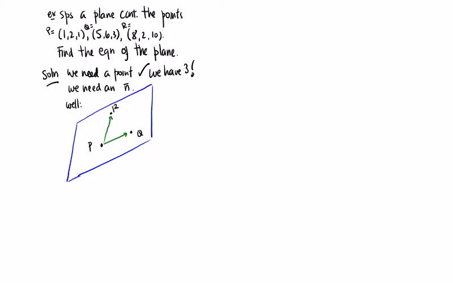So we take these 2 vectors that we just constructed, PQ down there, PR right there. We cross those, and by the right-hand rule, we get something that points up, or maybe down. It doesn't really matter. The point is it's perpendicular. Right, so we do PQ cross PR, and this is our n.